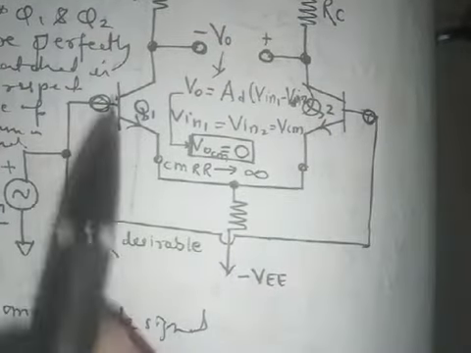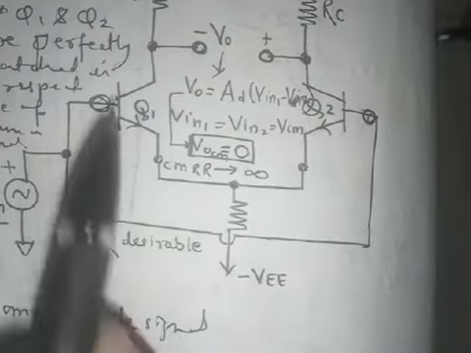Since we know that IC is equal to beta IB, it is equal to beta IB plus IBN, and IBN is the base current which is coming from noise. For both the terminals, the IBN remains the same because the noise acts with the same intensity on both base terminals.